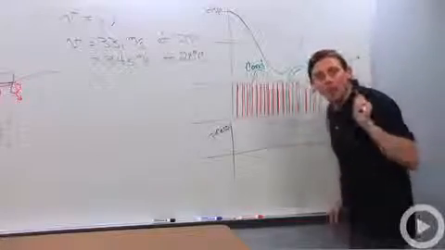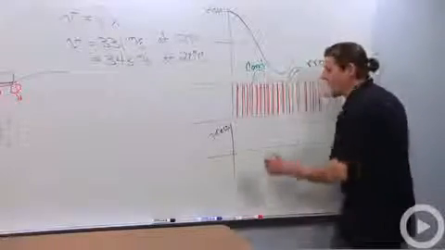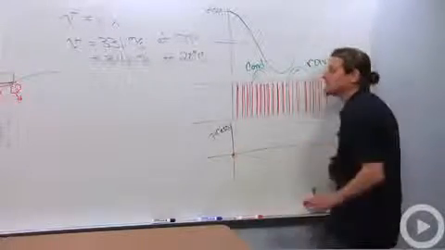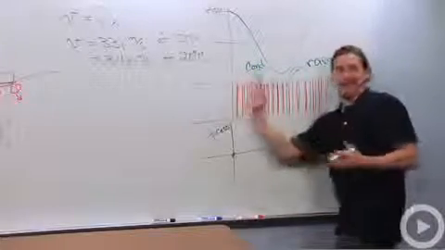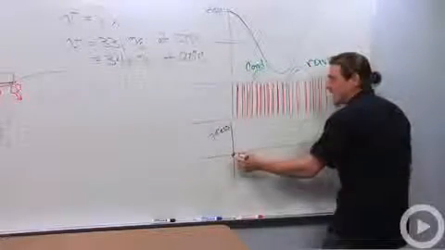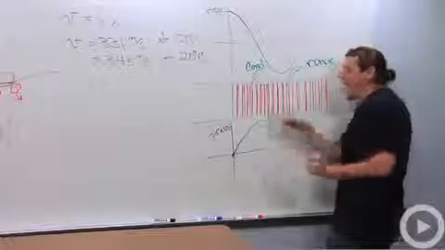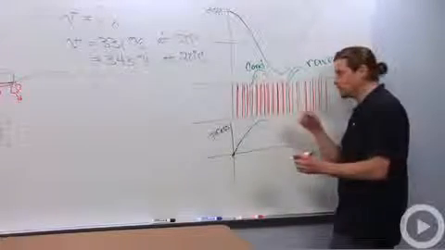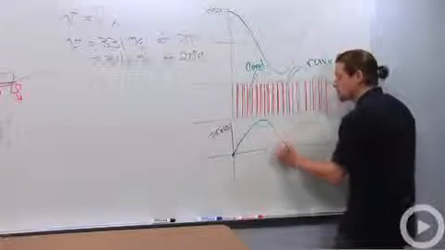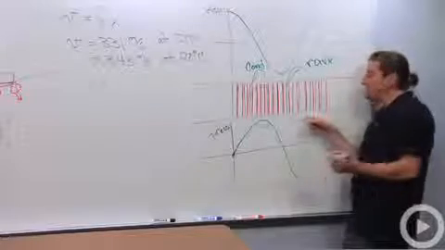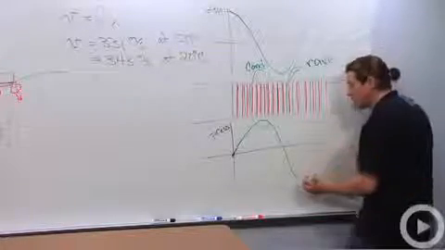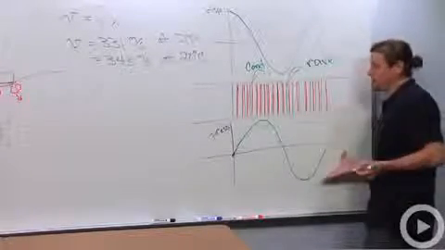If I were to graph the pressure wave, I would end up with zero pressure here because it's the same. Then as I go, we've got maximum pressure at the condensation, then minimum pressure here at the rarefaction, and then back up.